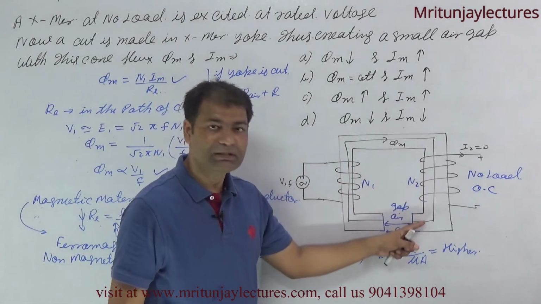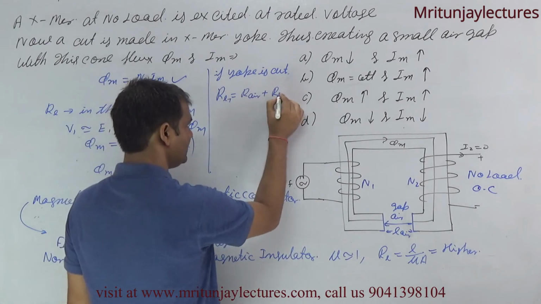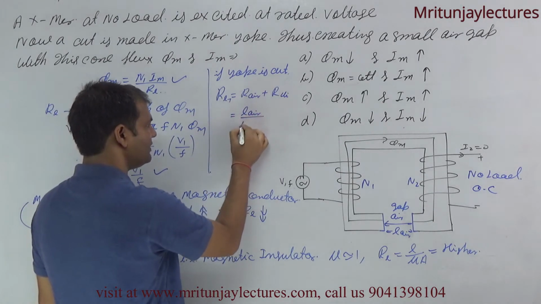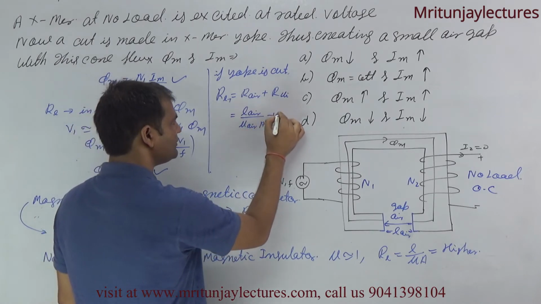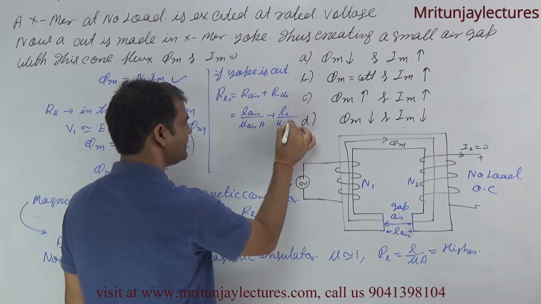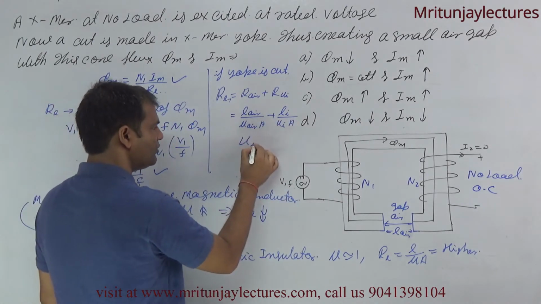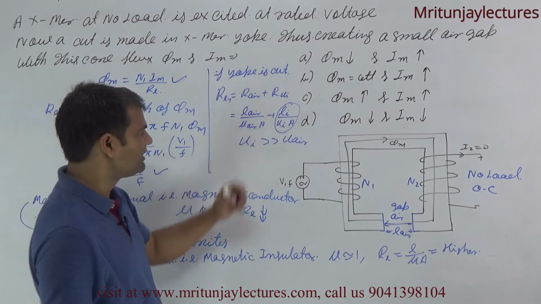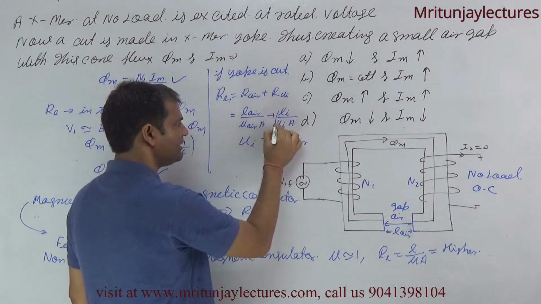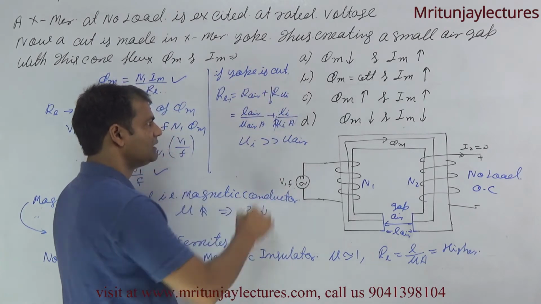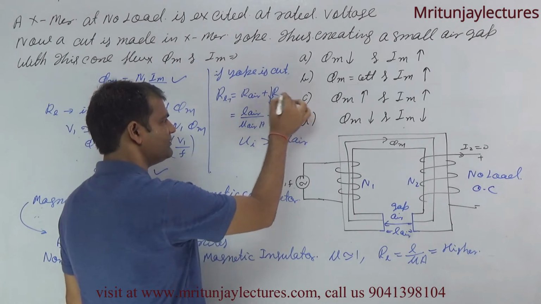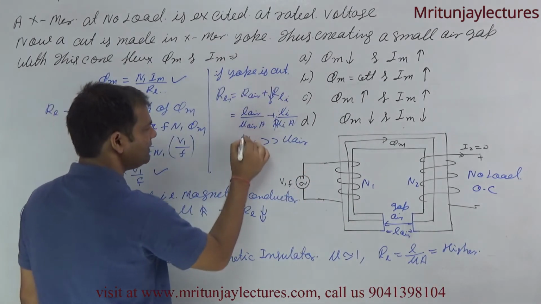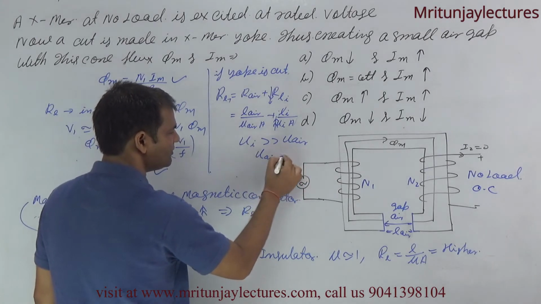Suppose mu i, it is written as length divided by mu air into A plus length divided by mu i into A. Now mu i is greater than mu air, so if mu is very high, the reluctance of iron is very low, while for air mu is corresponding to 1.